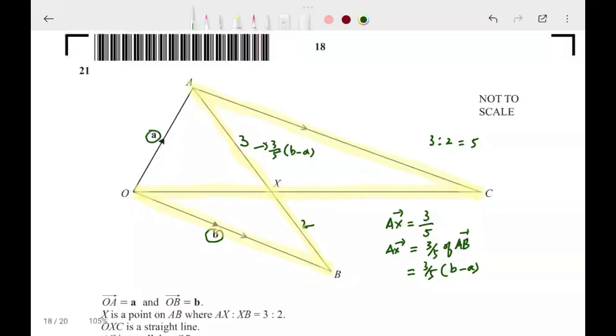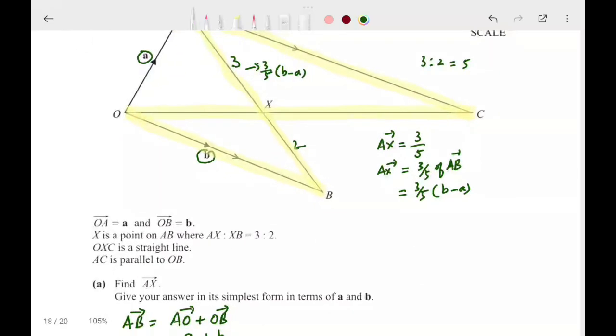Now for XB, we can also mention here that XB is equal to 2 over the sum of ratios, and this is b minus a. So we can write here 2 over 5 and it is b minus a.